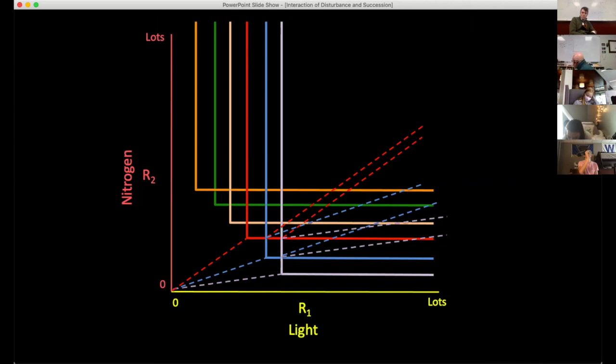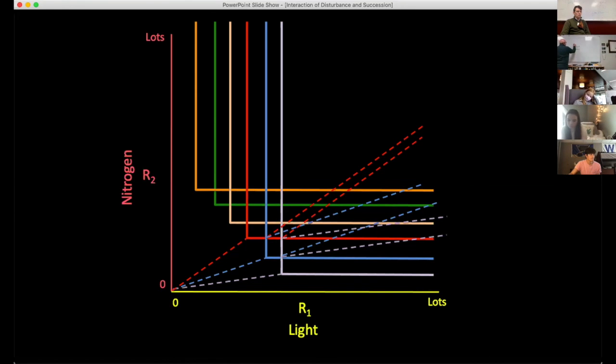So the first thing that happens is species 1 comes in, and then it alters the environment such that species 2 can come in, and they can coexist for a short period of time. But when species 2 alters the environment such that it is possible for species 3 to come in, the environment has altered in such a way that species 1 can no longer survive.